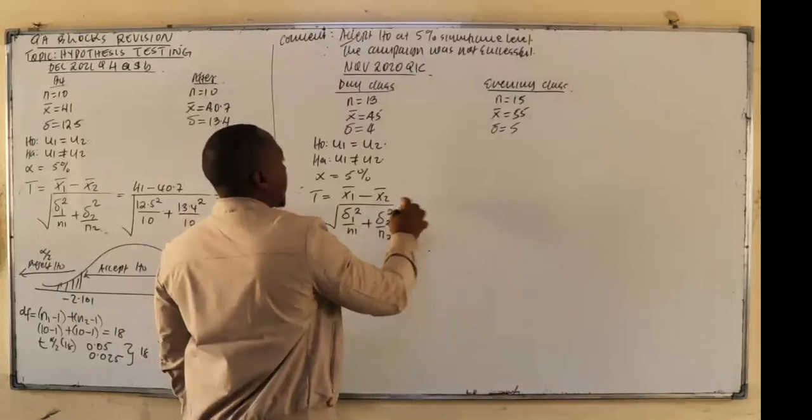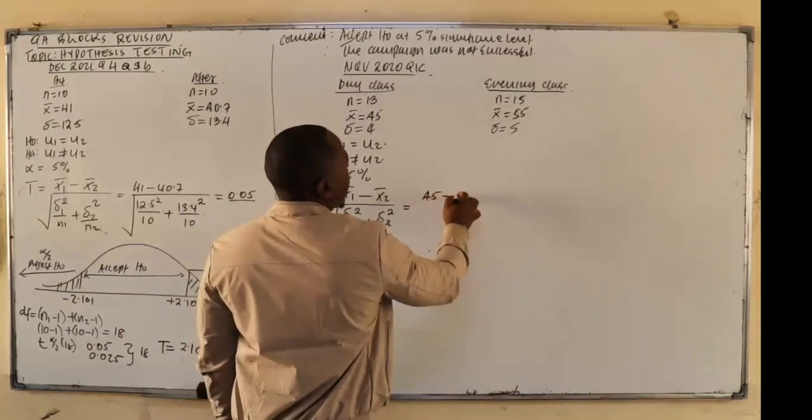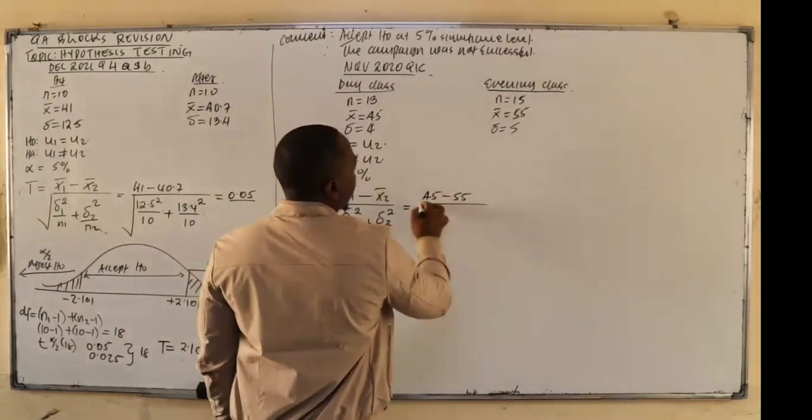So X bar 1 we have is 45, X bar 2 we have is 55.